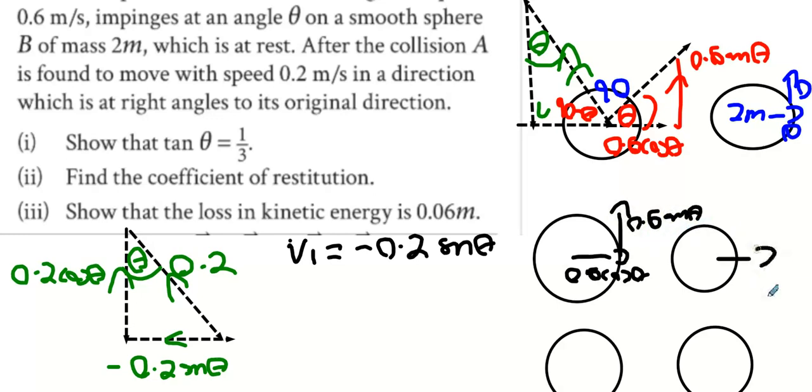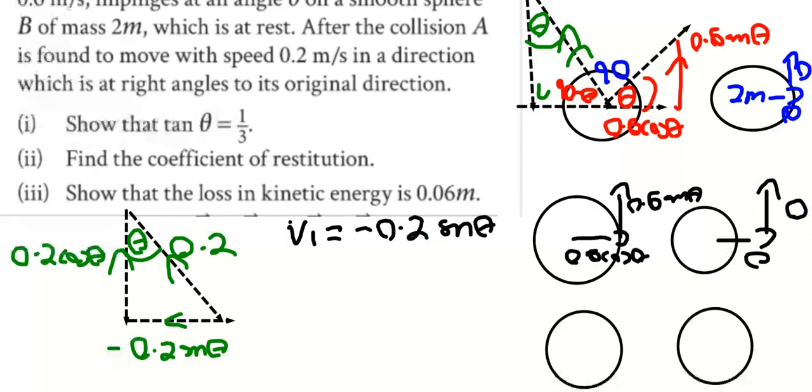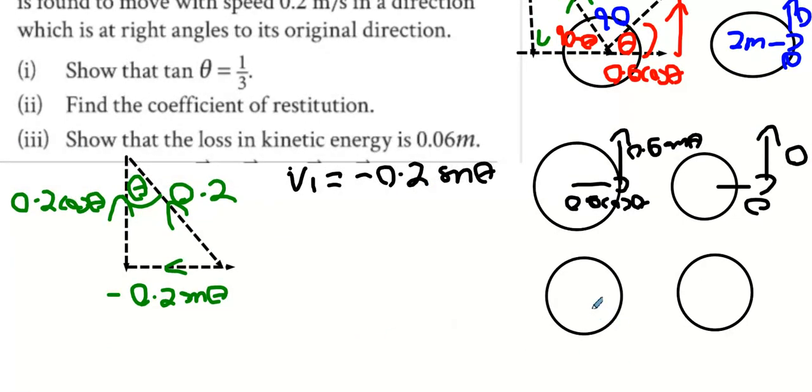We all said that that's 0 and 0. Then underneath we said that this is v1, which is minus 0.2 sine theta. Now we all know that's going up to the left, don't we? And what's the j one then? 0.2 cos theta.